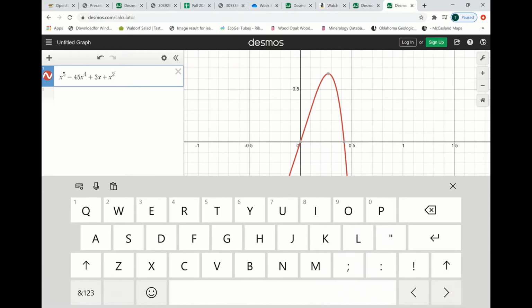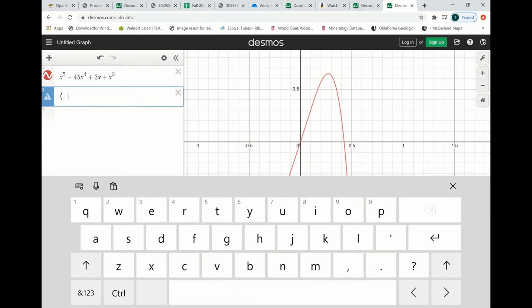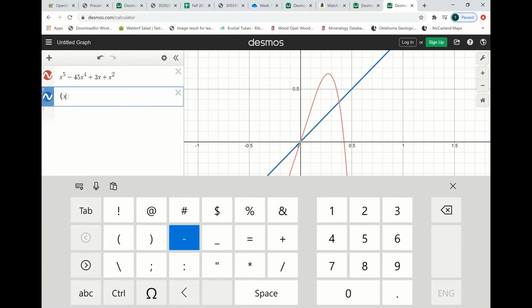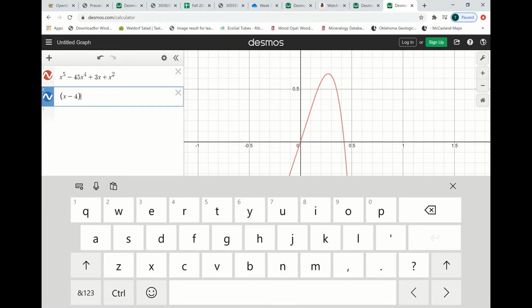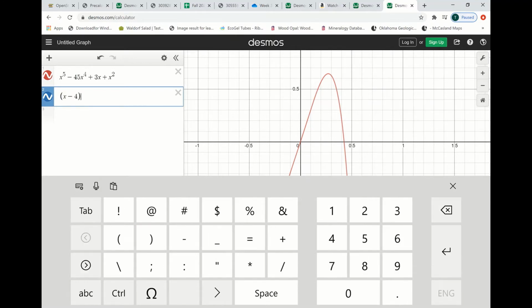Let me try and think of one. Here, we'll do this. 4 squared times x plus 2.